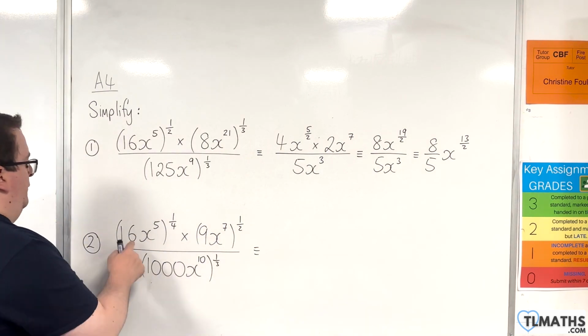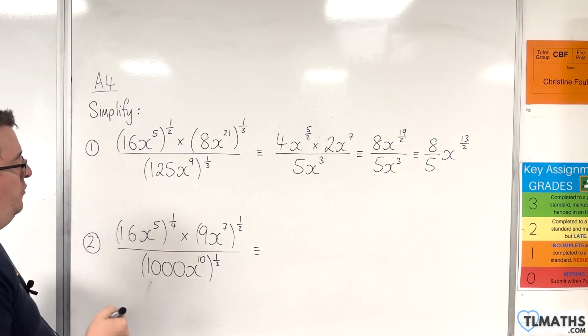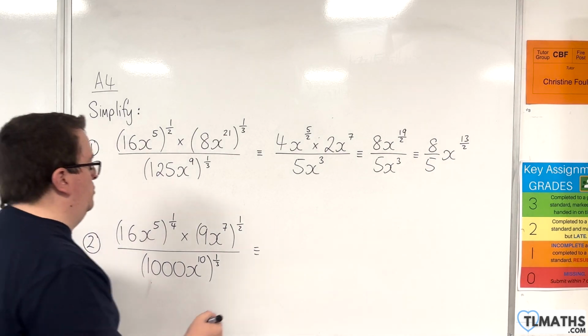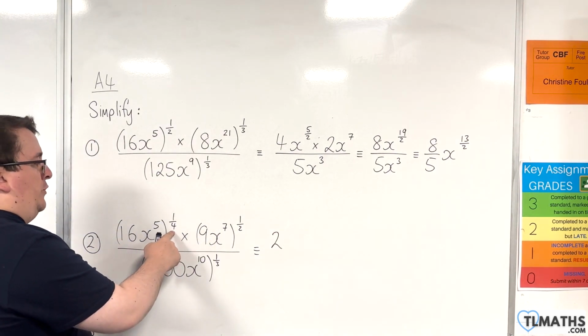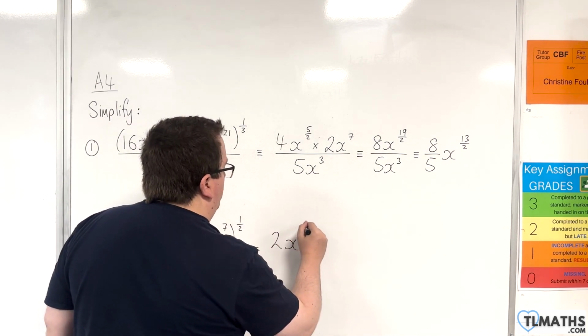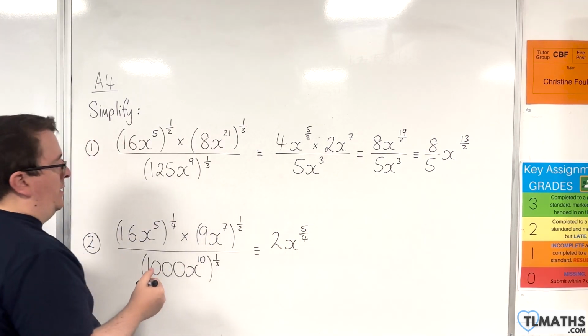So, first of all, 16 to the power of a quarter, the fourth root of 16 is 2. Then x^5 to the power of a quarter is x to the power of 5 quarters. So 5 times 1 quarter.